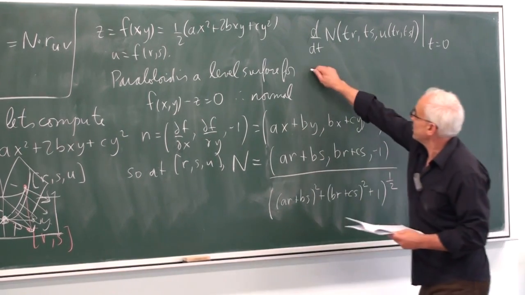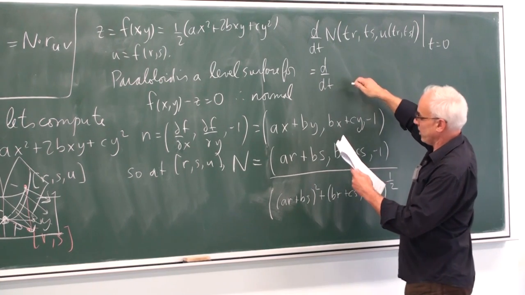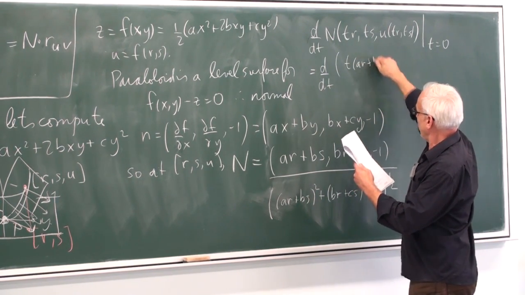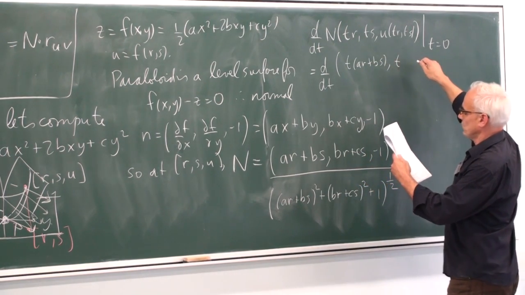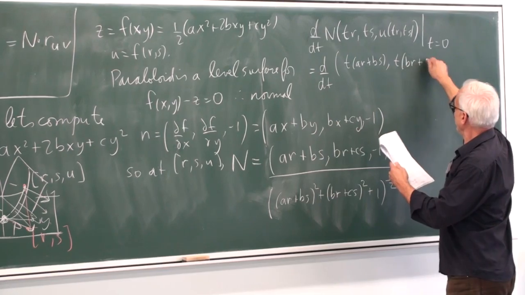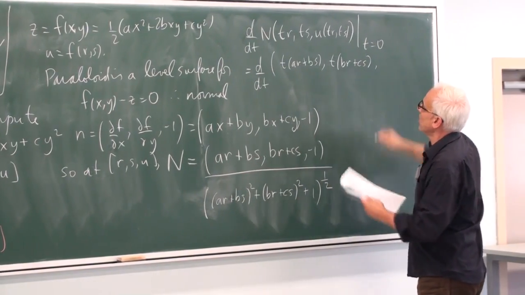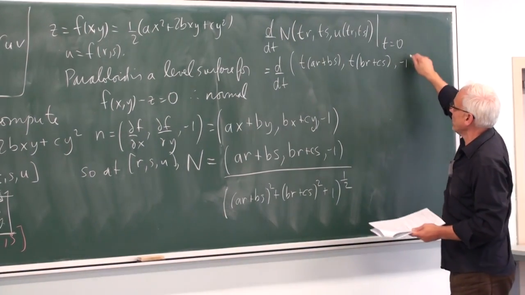All right, so explicitly that would be the derivative. Let's put a t in everywhere here. So up here there'd be a t times ar plus bs, t times br plus cs, well, this thing is always minus 1.